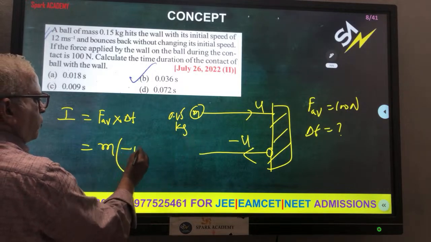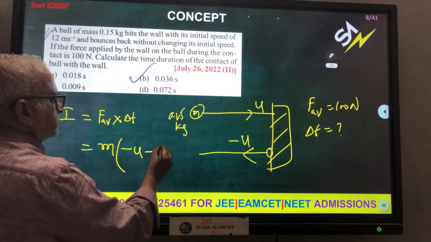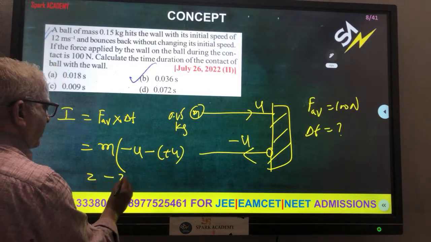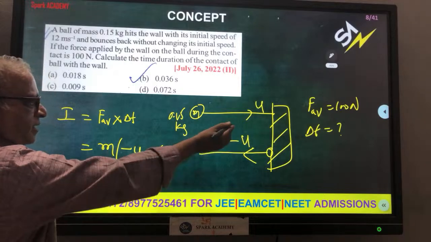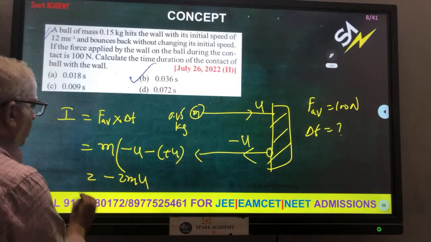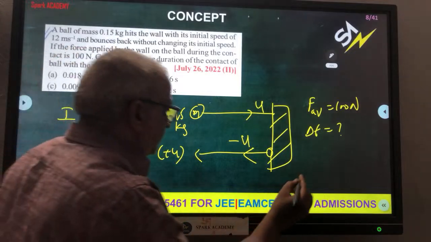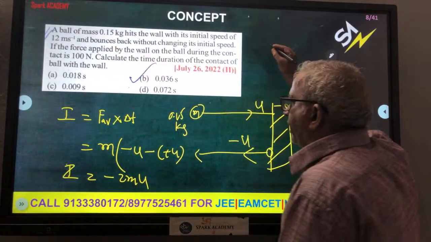Final momentum is minus u minus of plus u, so we get minus 2 mu. This is the impulse exerted by the ball, equal to the average force into delta T.